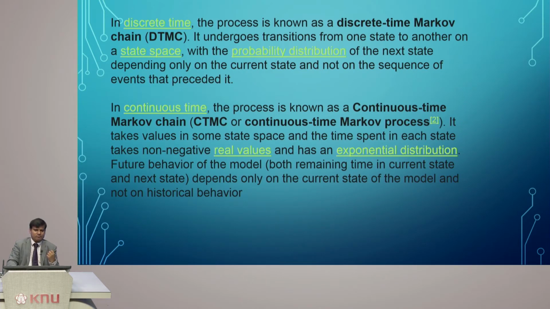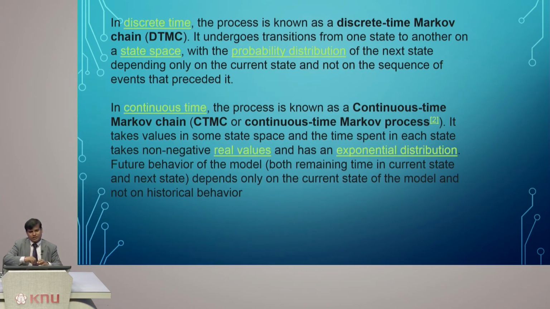As the term discrete time indicates, it can undergo transition from one state to another state on a state space, with the probability distribution of the next state depending on the current state, not on the sequence of events that preceded it. Whereas for a continuous process, it takes some state space, and the time spent in each state is a non-negative real value. In other words, it can be any real value. That's why we call it continuous, not necessarily an integer value.